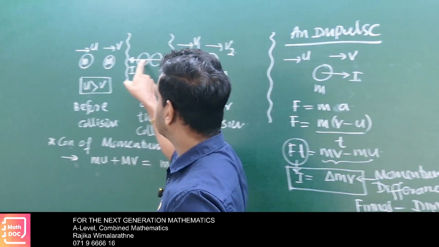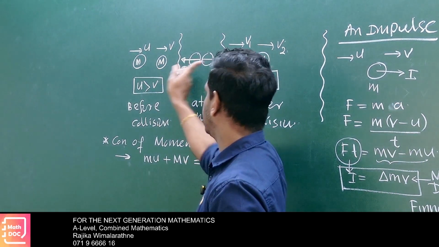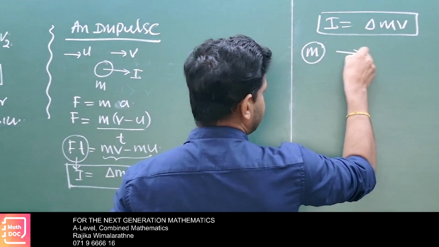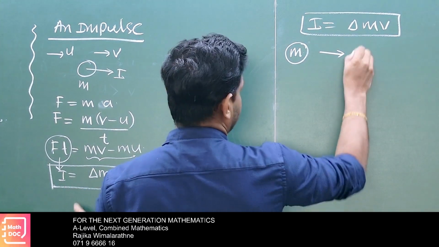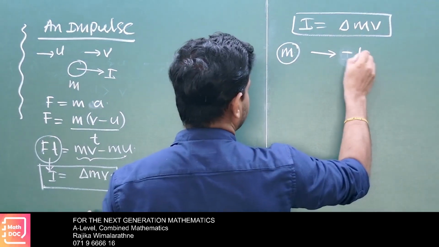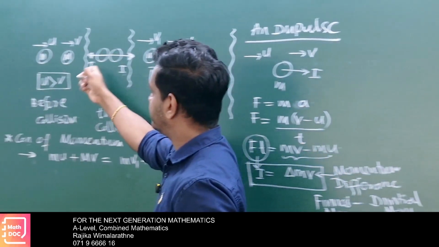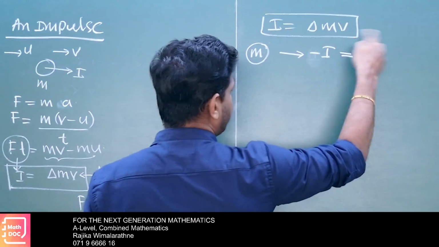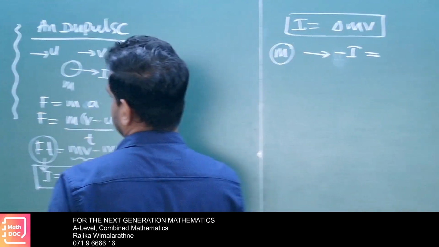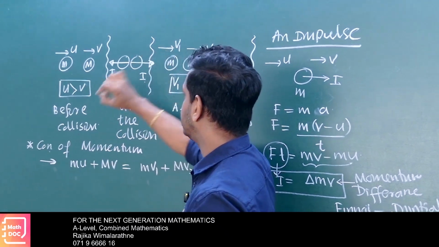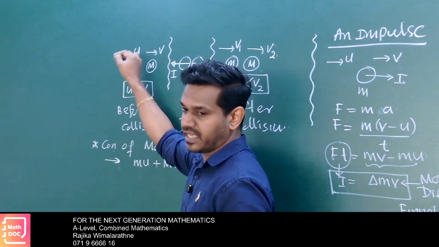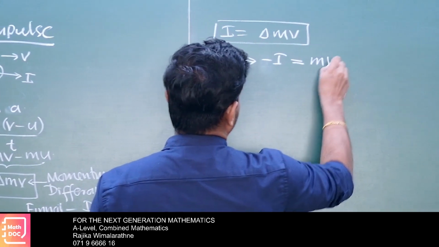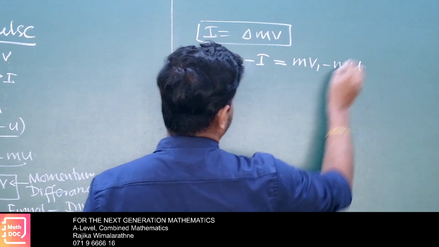So here I acts on small m this way and on capital M the other way. For small m, I equals the momentum difference, final minus initial: final momentum mv1, initial momentum mu, same direction. So I equals mv1 minus mu.